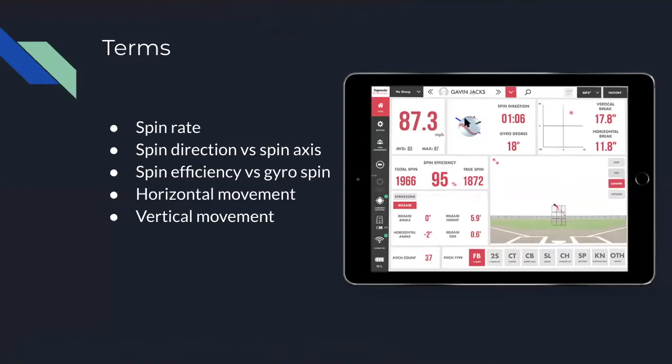So basically a fastball with a 1 o'clock spin axis will have more vertical break than horizontal break. Something important to note when looking at this Rapsodo chart is that all of the movement numbers take out the effect of gravity.